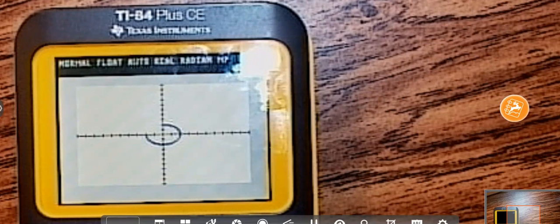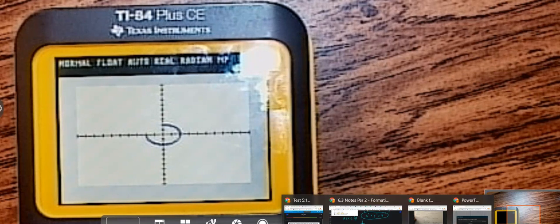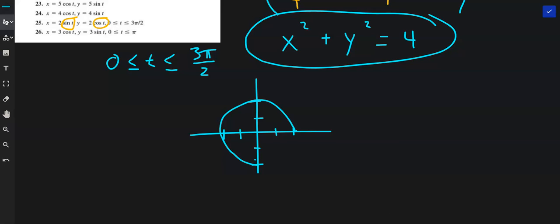It's because they switched the cosine and the sine. That's the reason it didn't give you what you expected. I would never do that to you, right? Because we've really tried to program you guys with cosine is the x and sine is the y. So that was a tad bit on the evil side, in my opinion. That's what I was expecting, but I did not get that. We ended up getting this.